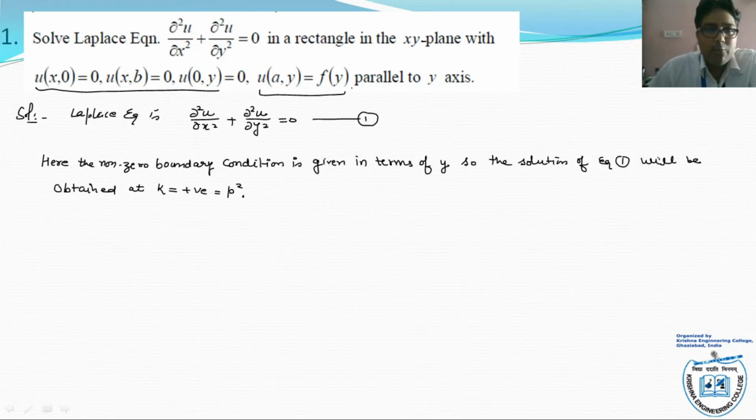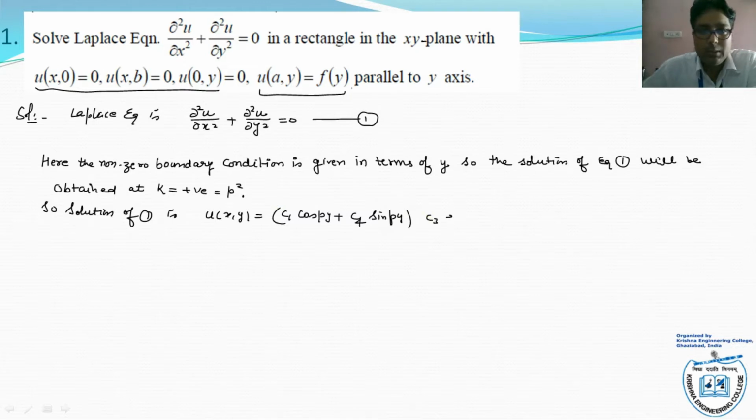We have already found the solution of this equation. So the solution of first is u(x, y) is equal to (c1 cos py plus c2 sin py) into (c3 e to the power px plus c4 e to the power minus px).